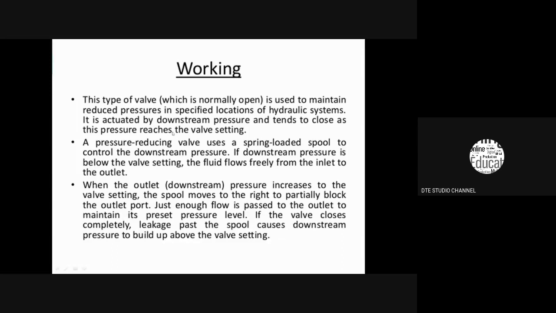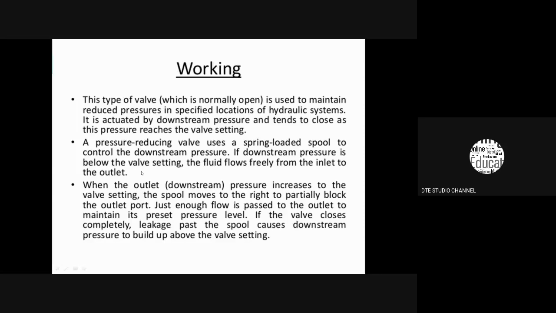A pressure reducing valve uses a spring-loaded spool. There is a spool which can be moved inside the valve to control the downstream pressure. If downstream pressure is below the valve setting, the fluid flows freely from inlet to outlet.